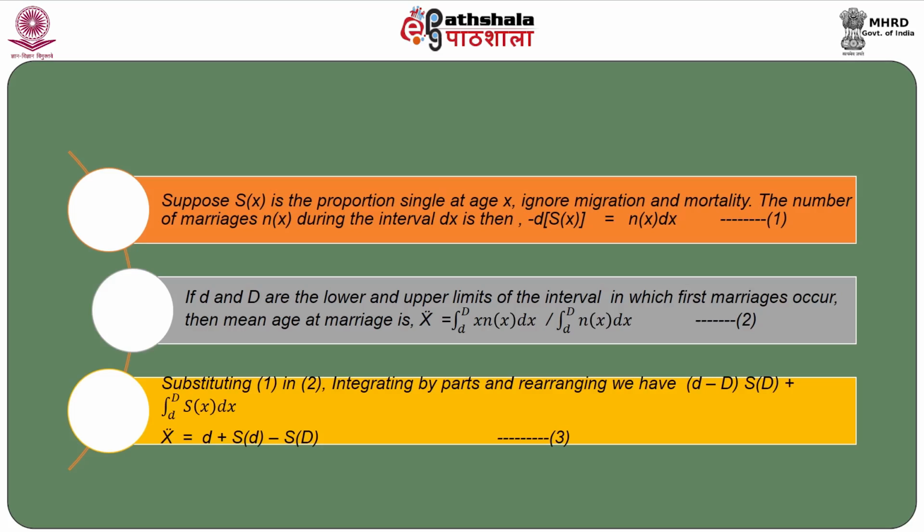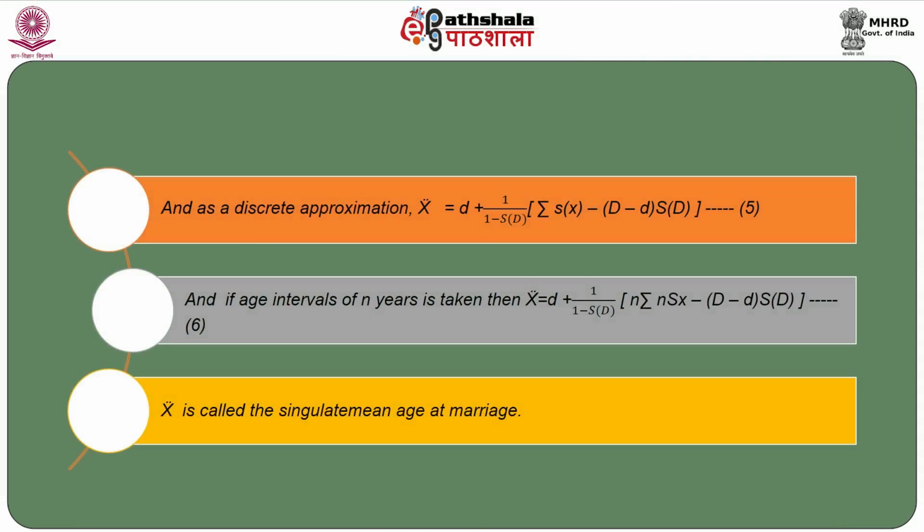Instead of me repeating the formulas given there, you better have a look at them and absorb them. Then one can appreciate the way the computation has to be done. It's not so complicated, it's a simple procedure given by Hajnal to arrive at the singulate mean age at marriage.